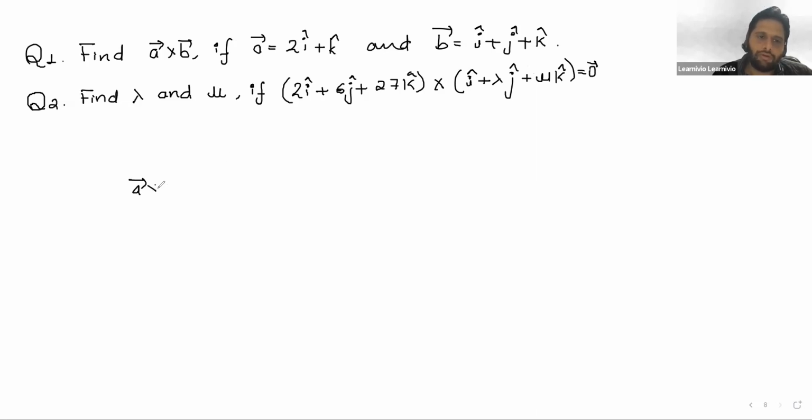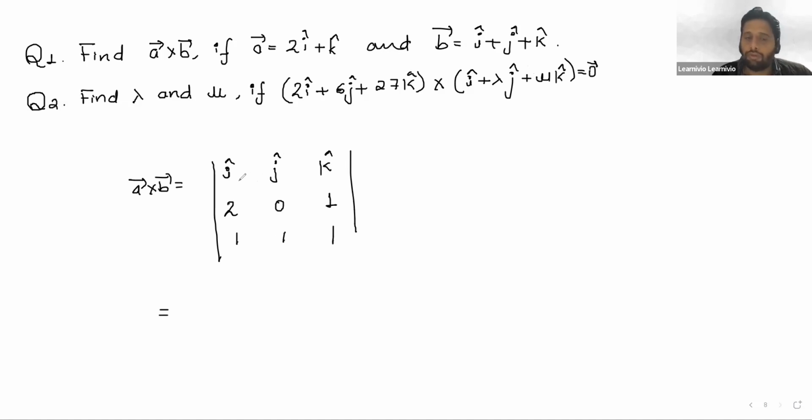So Rifat, we are finding cross product. So the first thing is you should get a vector, and you have given me the scalar. So that's not correct. Now write all the values here. For A, this is 2, this is 0, this is 1. For B, it is 1, 1, and 1. Expand this along the first row.